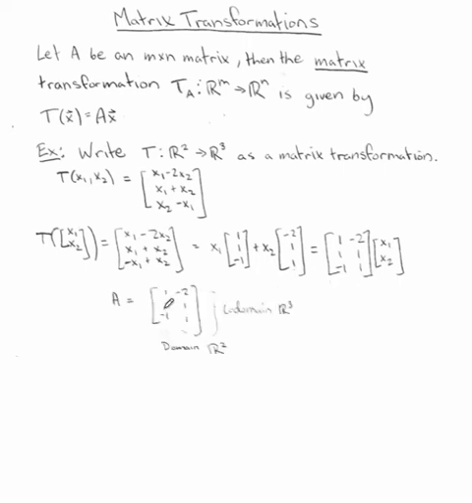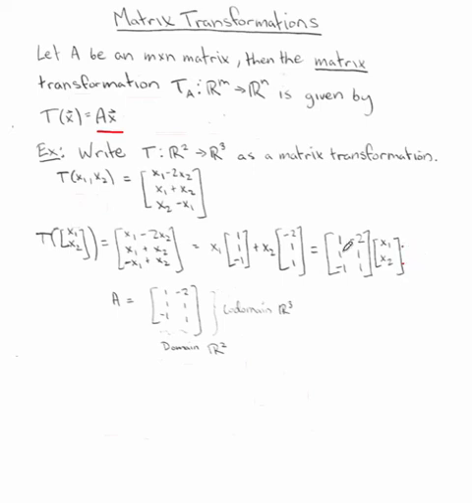Thinking about A as our matrix, A times x, if we're getting used to the idea of how vectors correspond with matrices, you might be able to see even more easily what the domain is. The domain is going to be the number of columns in my matrix, because the number of columns corresponds with the number of entries in my input vector.